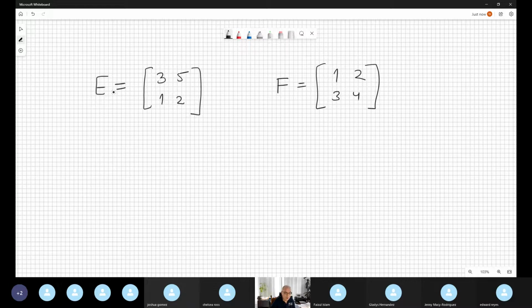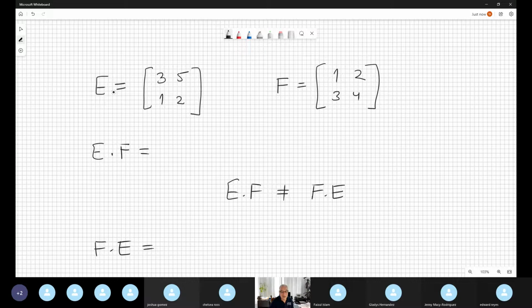Then I want to do the multiplication E times F, and F times E. I want to illustrate for you that the multiplication of matrices is not in general commutative. So in general, E times F is not equal to F times E. And this is the example we illustrate, at least a counterexample.